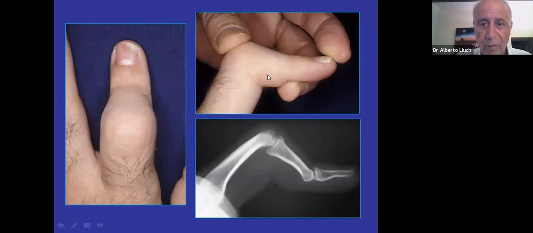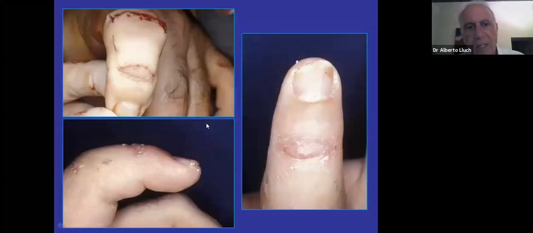Here is an example of a very severe boutonniere deformity with hyperextension of the DIP joint, and as you can see, the dorsal skin is quite short. This is a maximum flexion of the DIP joint, and in this case, the redundant skin is removed here.